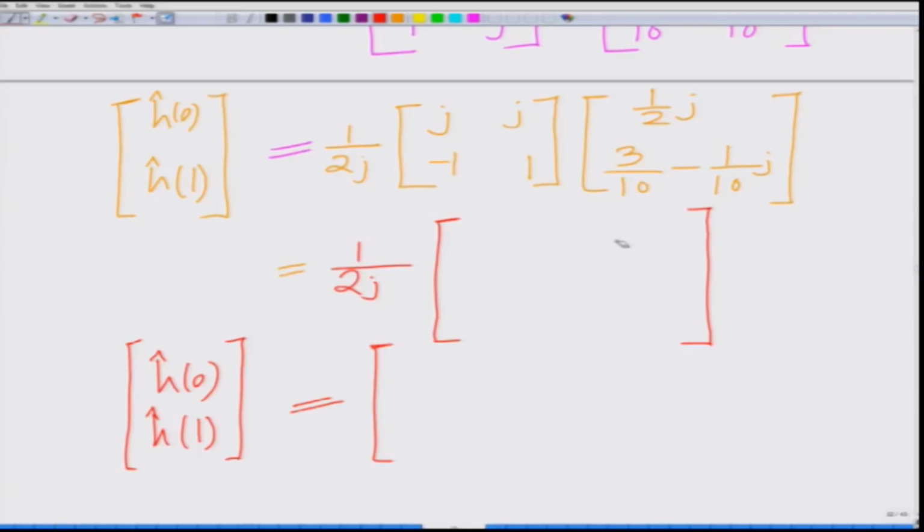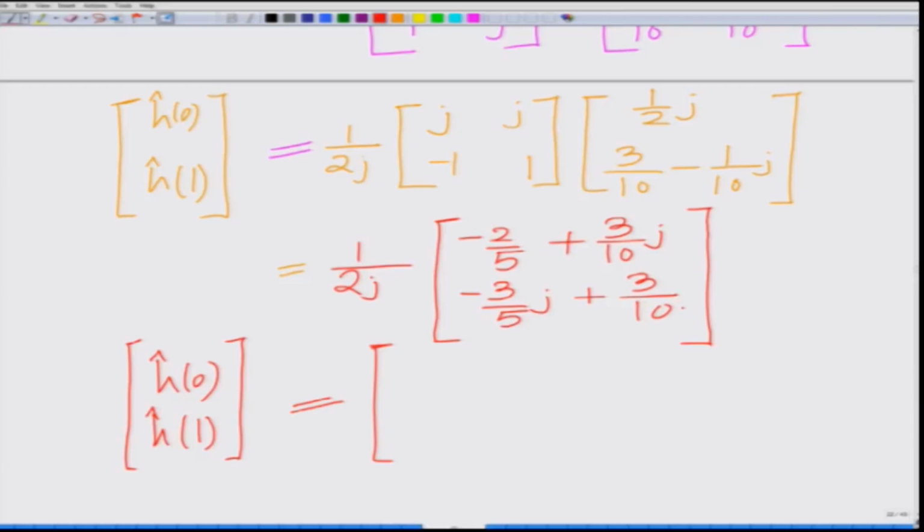Let me just rewrite this. This is 1 over 2 j times minus 2 over 5 plus 3 over 10 j minus 3 over 5 j plus 3 over 10.